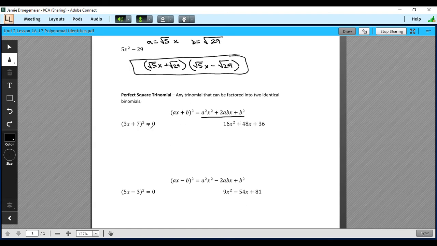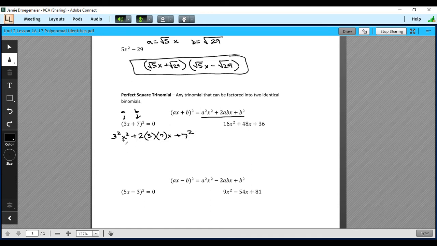And so in looking at our example here, if I have 3x plus 7 squared, the a term is 3, the b term is 7. Using this identity, I know that it's going to end up simplifying to a squared, which is 3 squared, times x squared, plus 2 times a times b times x, and then plus b squared, which is 7 squared.